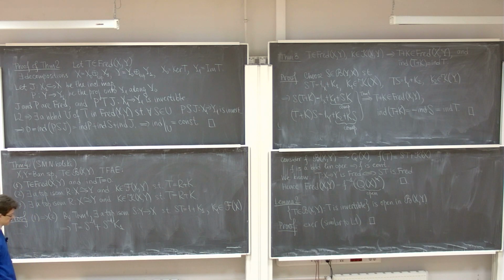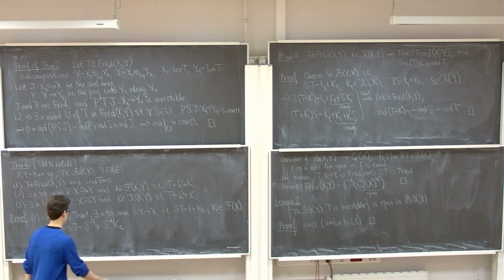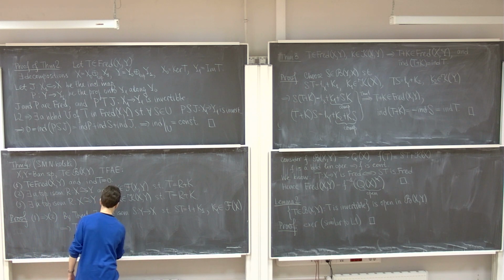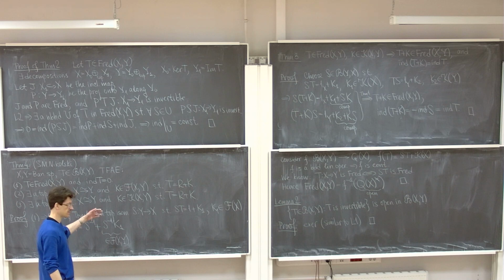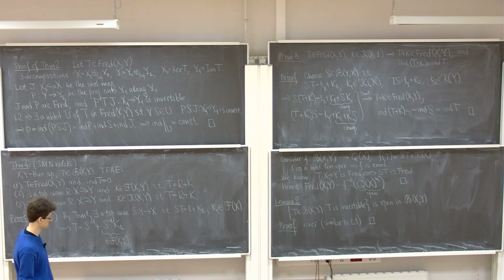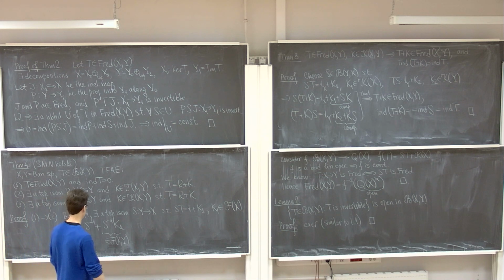And that's it, because S inverse is a topological isomorphism between X and Y, and this is a finite rank operator from X to Y. Clearly, a composition of a finite rank operator and any operator is also a finite rank operator. Okay, so 1 implies 2.